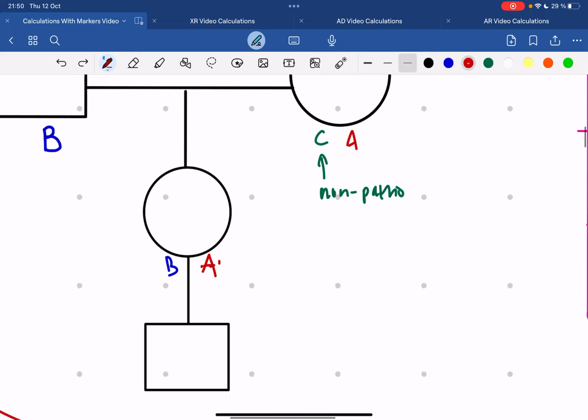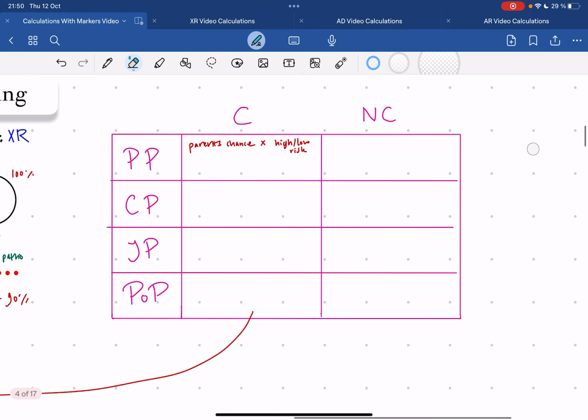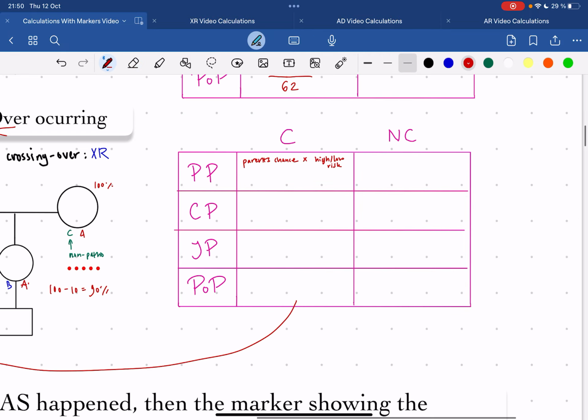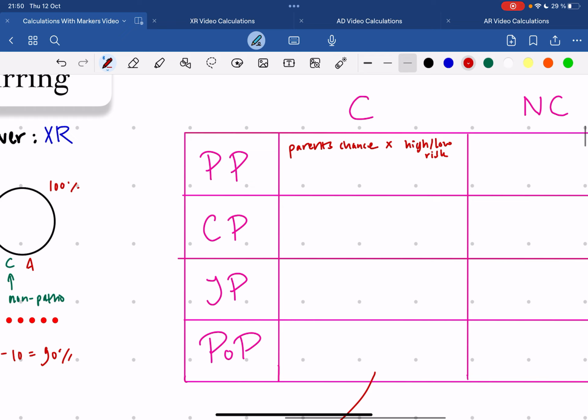And then for our Bayesian table, let's just rewrite it right here. We would take parents' chance, which in our case is 100, times the high/low risk, which in our case is high risk of 90 or 9/10.